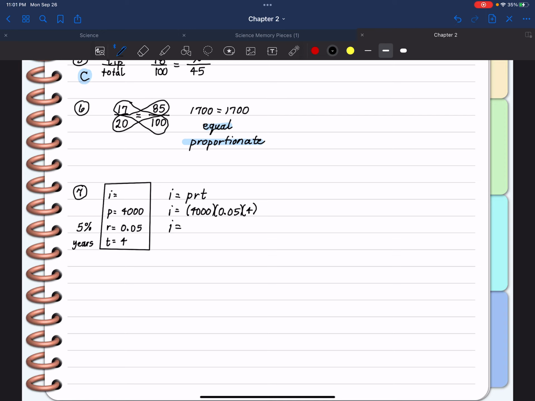And I will let my calculator do the rest. 4,000 times 0.05 times 4. $800 interest. And the question was, how much interest will she pay on this loan? So I like answer C, $800.